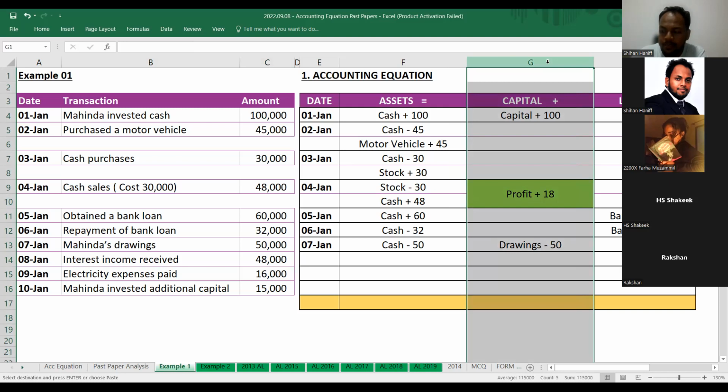Profit means income minus expenses. So if there is an income, capital will increase. But if there is a loss or an expense, the capital will reduce. So this is interest income received.